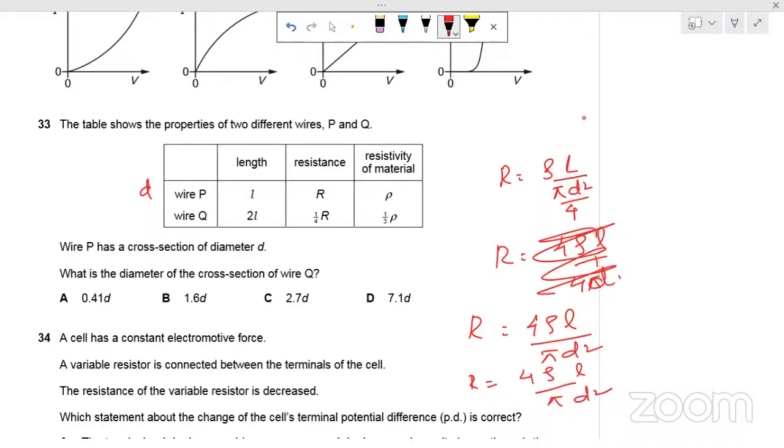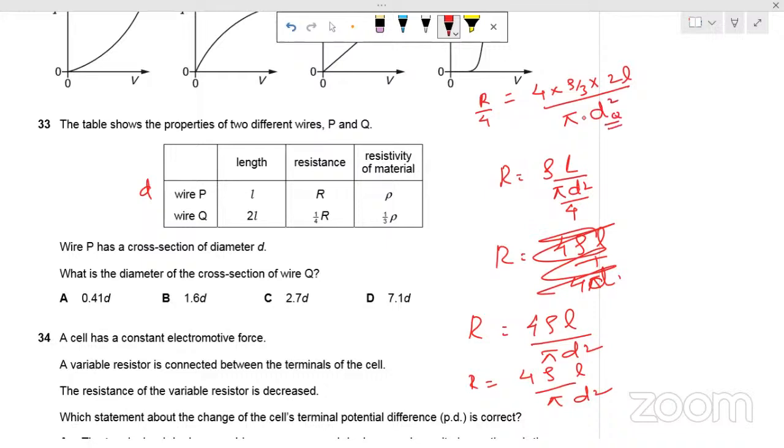What about Q? We have to find the resistance of Q, which is R by 4. Resistivity is rho by 3. Length is 2L divided by pi D of Q square.